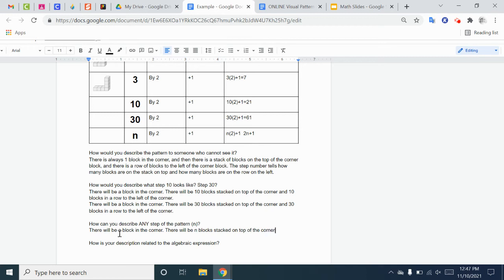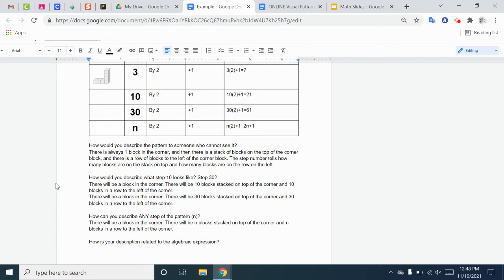It could be any number, whatever that number is. And then there will be n blocks in a row to the left of the corner. So even when I don't know how many blocks it is, for any step, whatever that step number n is, that's how many blocks are on top, and that's how many blocks are on the left.